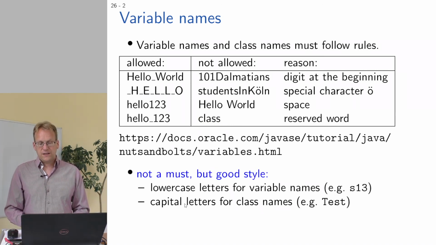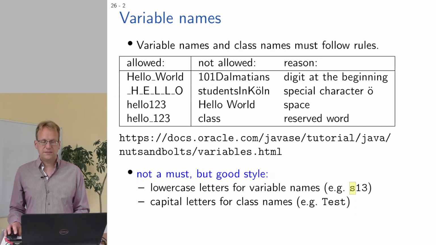Finally, what is also important in Java is that there are some style recommendations. That's not a strict rule, but it's good Java style to follow these recommendations. Especially there's the recommendation to choose lowercase letters for variable names, for example s13 with a lowercase s.